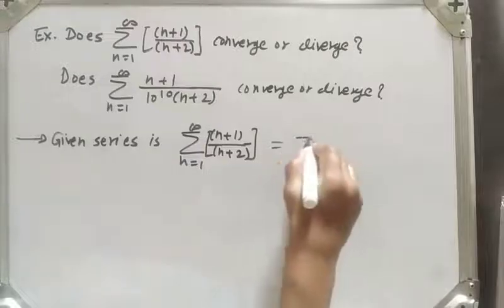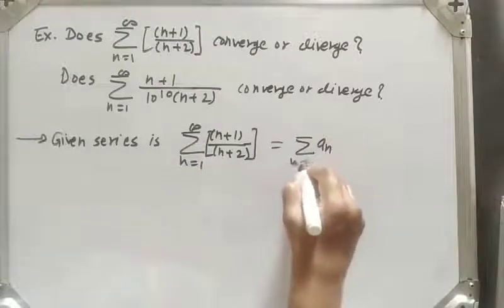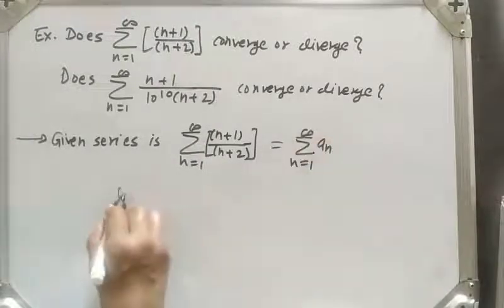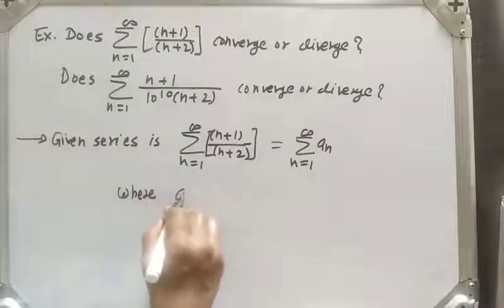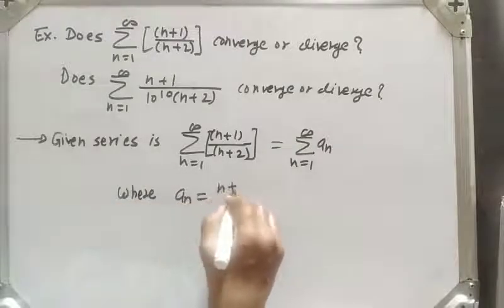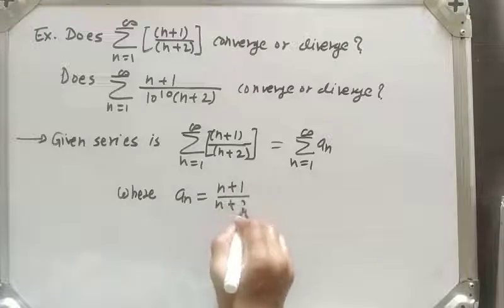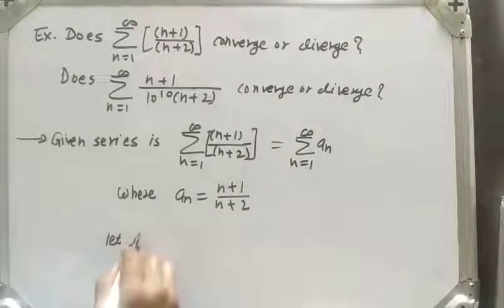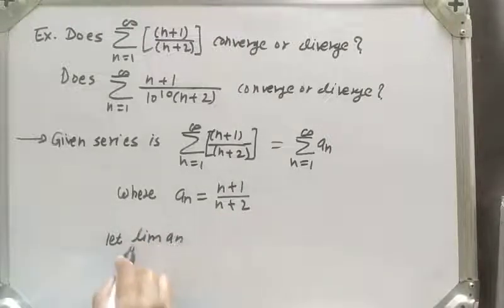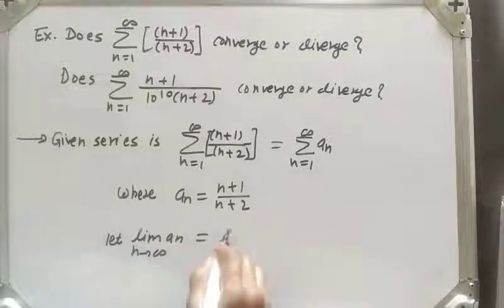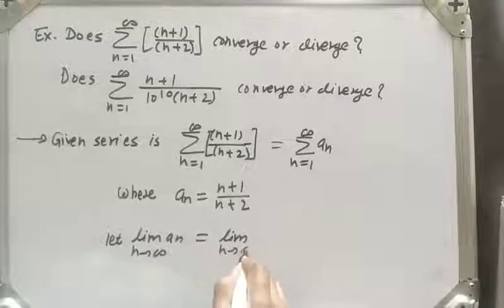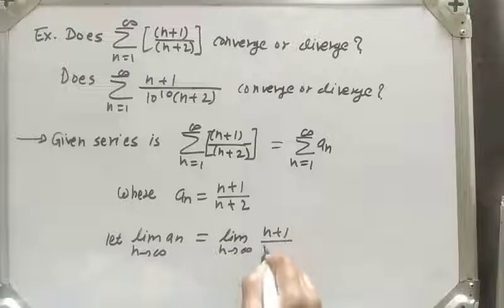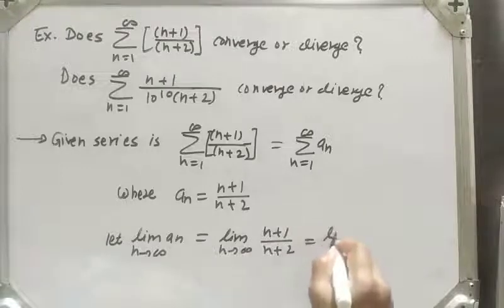We can write it as summation an, n varies from 1 to infinity, where an is equal to (n plus 1) upon (n plus 2). Let the limit of an as n tends to infinity be equal to the limit of (n plus 1) upon (n plus 2) as n tends to infinity.